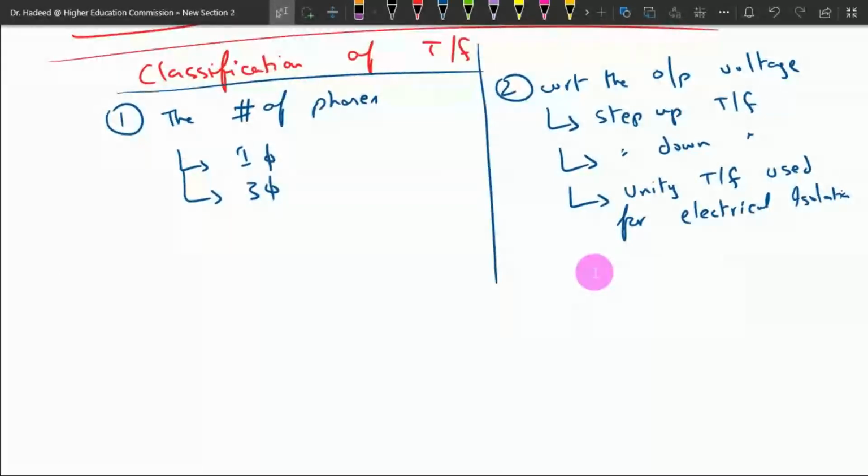Other than that, we may have a classification with respect to the windings.